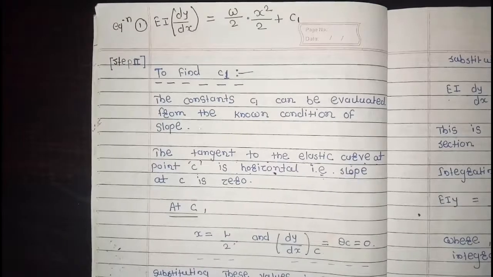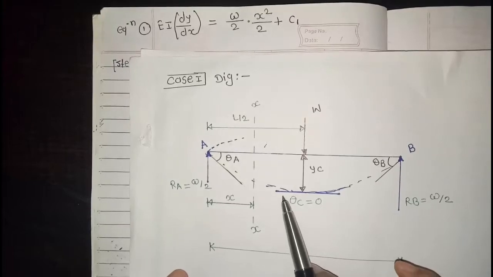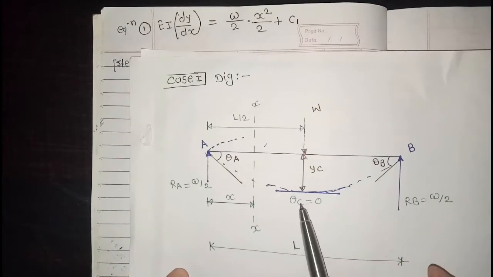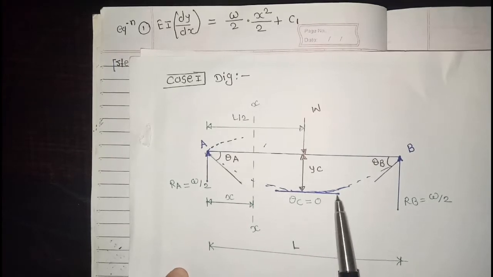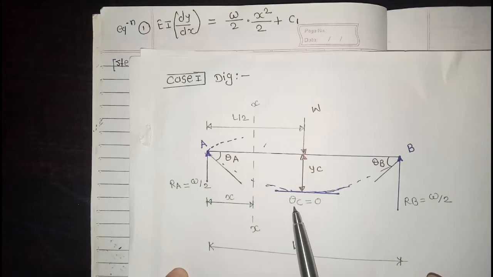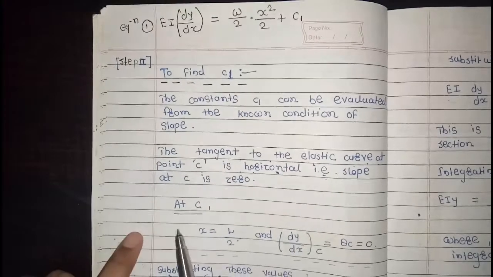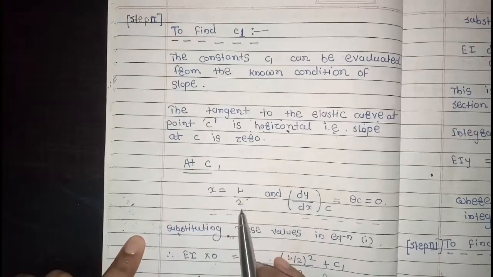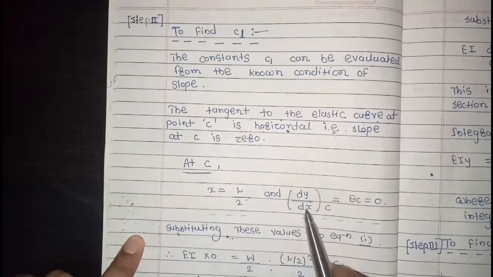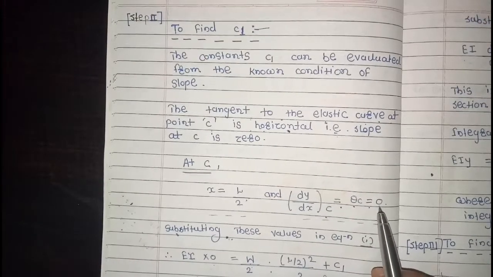See this diagram. The tangent to the elastic curve at point C is horizontal, so theta C is equal to 0. So at point C, x is equal to L by 2 and dy by dx at point C is equal to theta C is equal to 0.